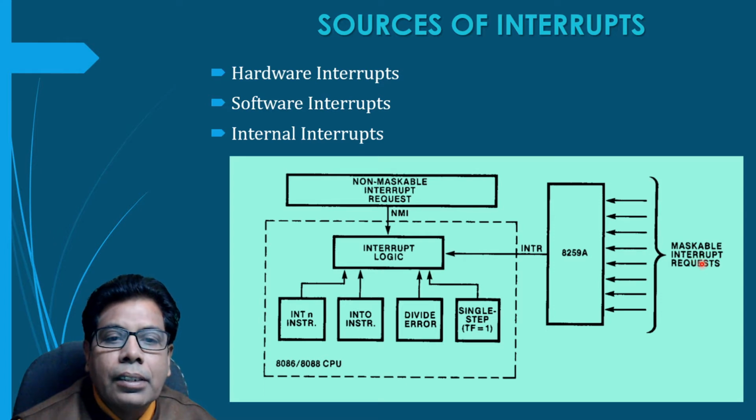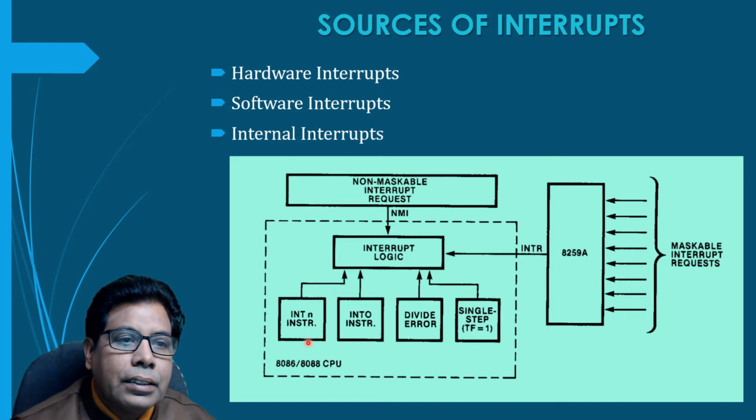Whenever a device requests 8259, then 8259 will send the INTR signal, the interrupt request, on this INTR pin of the 8086. That will be received by the interrupt logic, and then the 8086 will respond to that. So these are the hardware interrupts, or external interrupts.